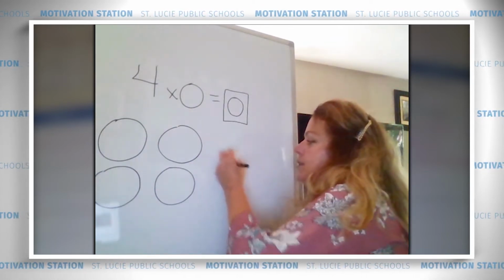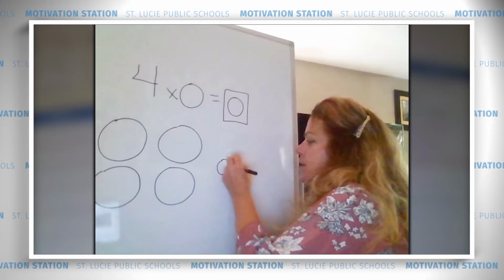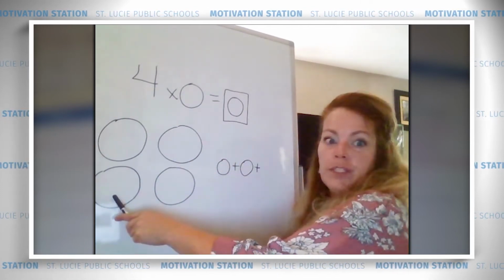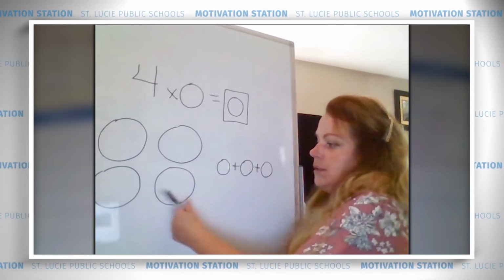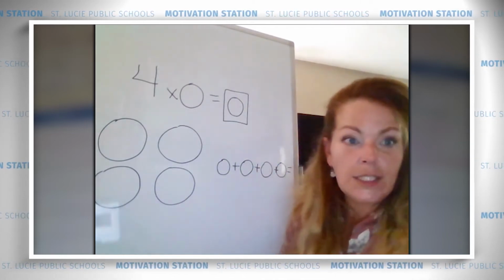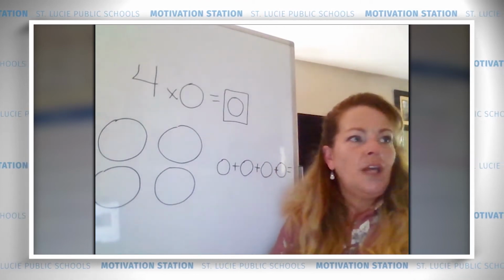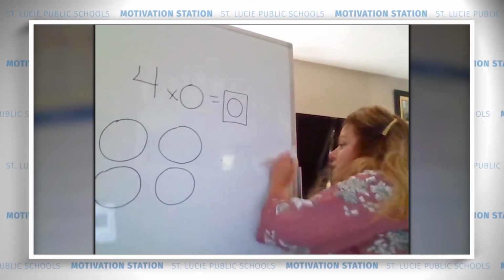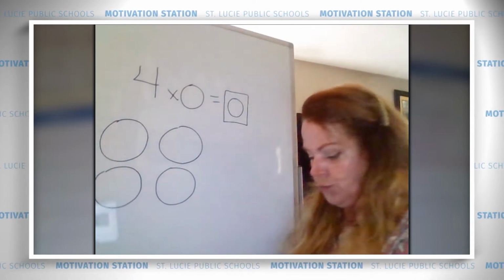I would write 0 stars plus 0 stars plus 0 stars plus 0 stars equals 0. Nothing. Good. All right. Go ahead and turn in your workspace book to page 32.